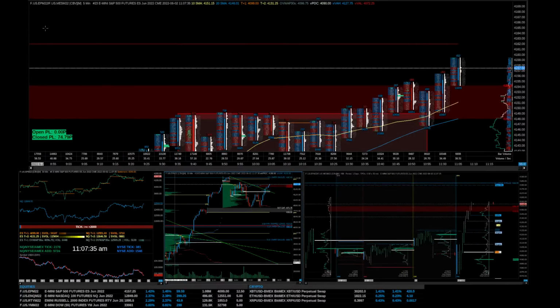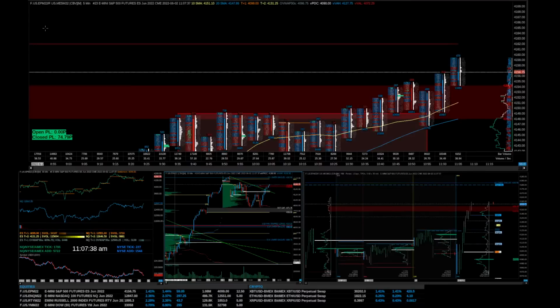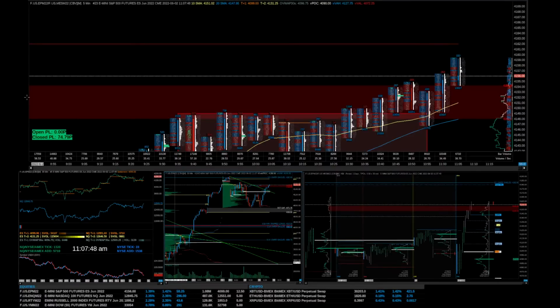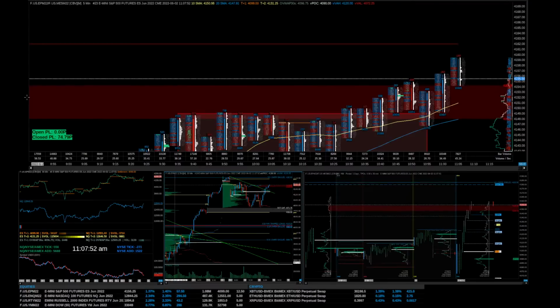On a higher time frame, this or the 30-minute with several days, it's definitely a flag, right? At least on the candles, RTH, that's what it is.